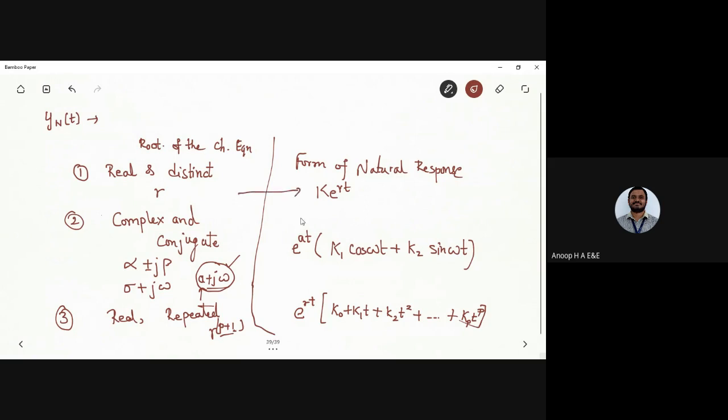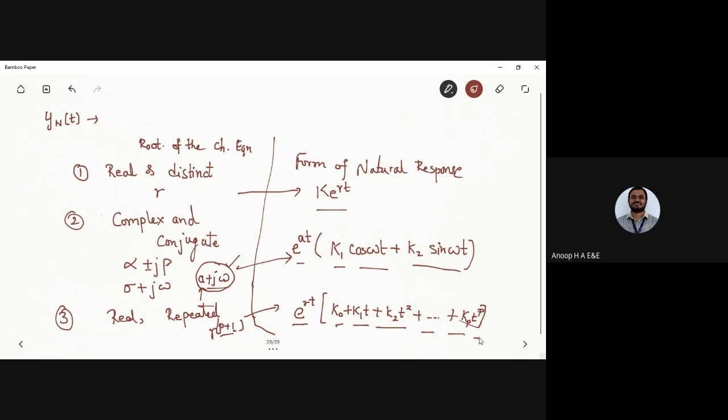For real and distinct, it is k e power rt. For complex conjugate, it is e power at, k1 cos omega t plus k2 sin omega t. So next, when it is real and repeated, we have e power rt, k naught plus k1 t plus k2 t squared plus kp into t power p.